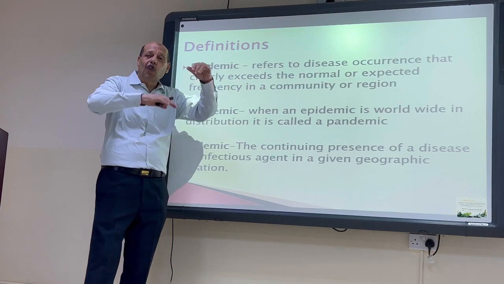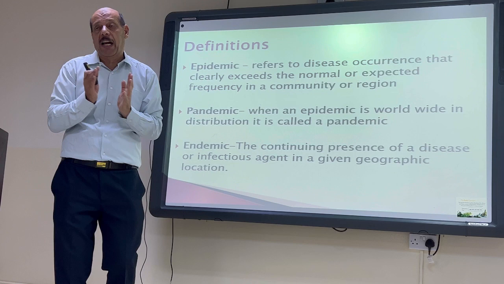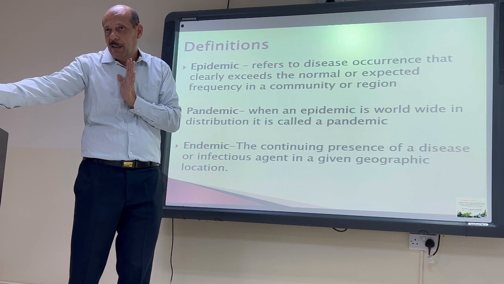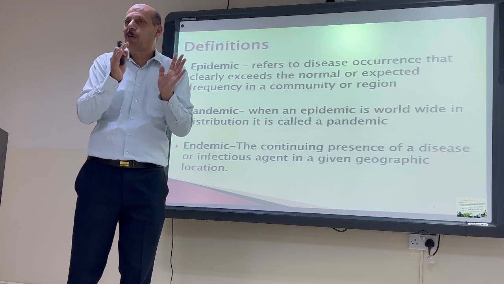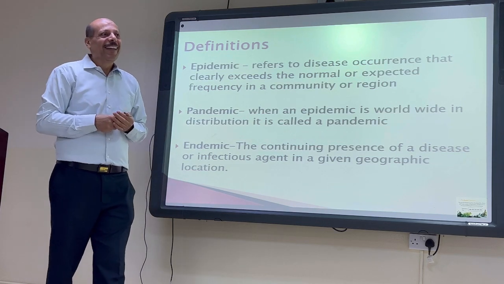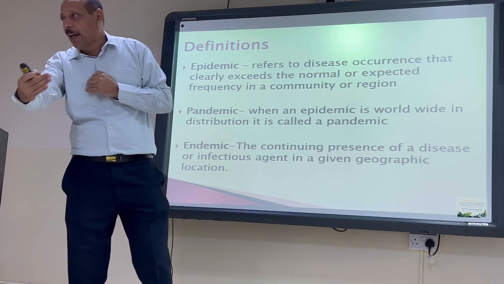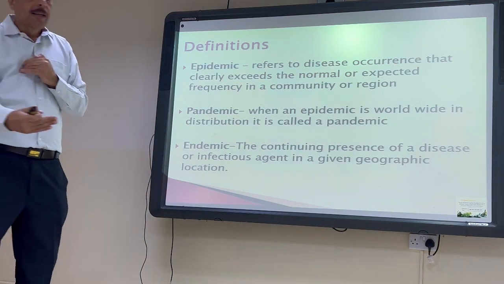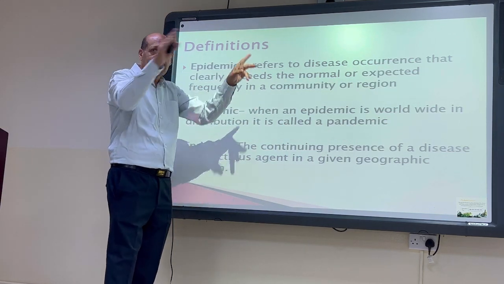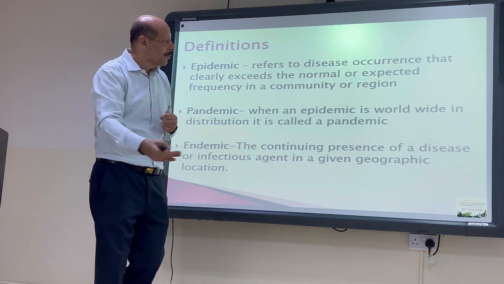So when it was still in China, it was an epidemic in China because there was no spread outside. When it came out of China, it became a pandemic. So pandemic means that it has spread to other communities or other countries.